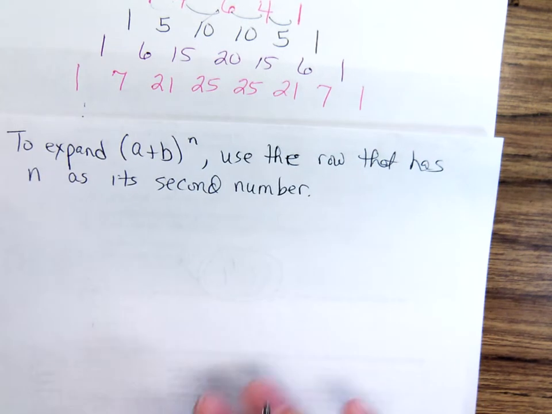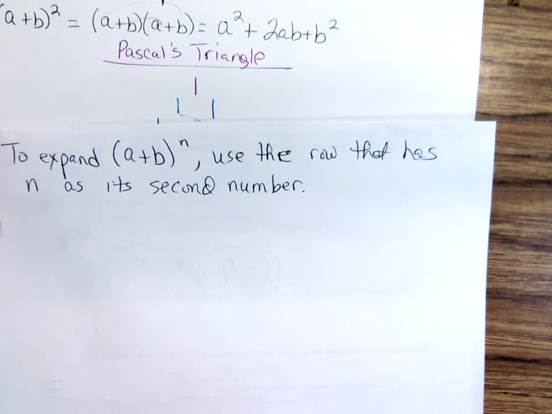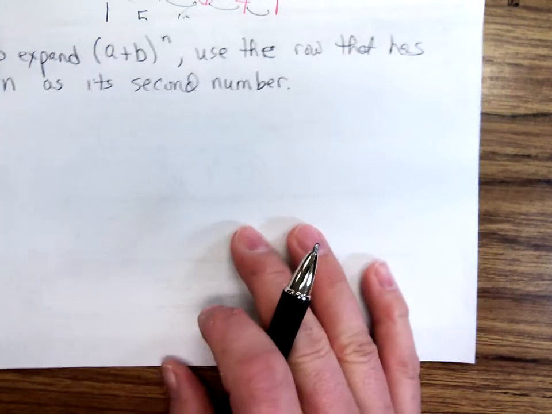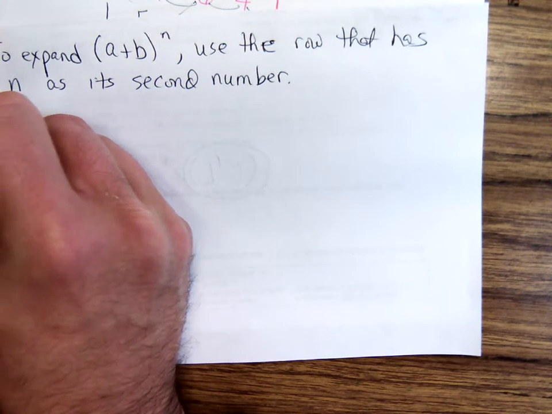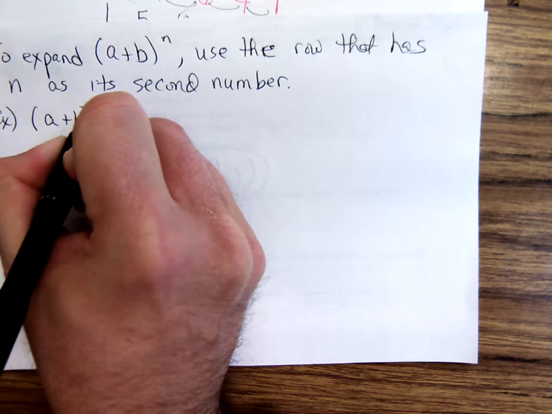We've already expanded a plus b squared. How would we expand a plus b, let's say, to the 6th power?